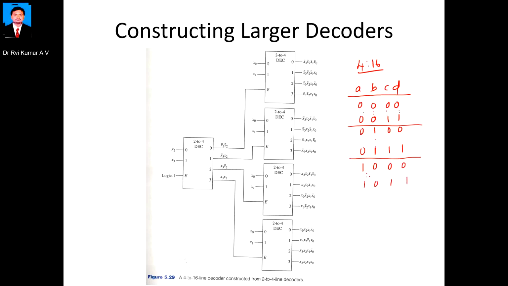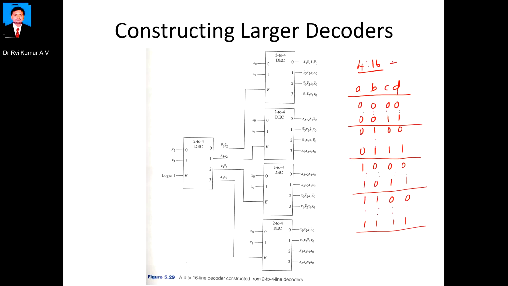This is another combination. Then we take 1 0 0 0 to 1 0 1 1, and we have 1 1 0 0 to 1 1 1 1. This is another combination. So with 4 inputs, the value varies from 0 to 15.